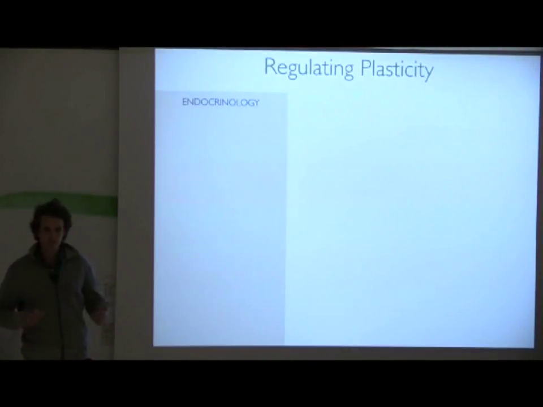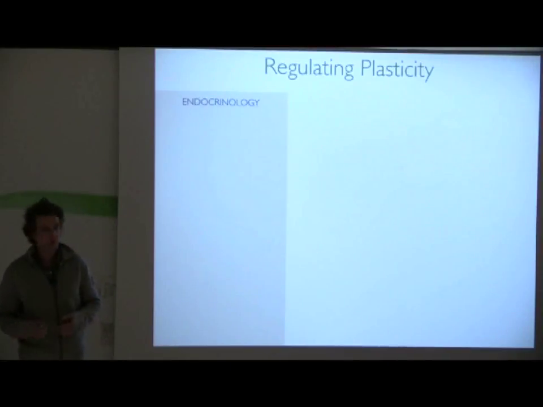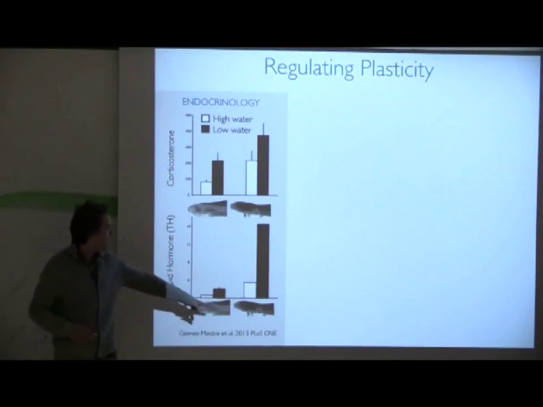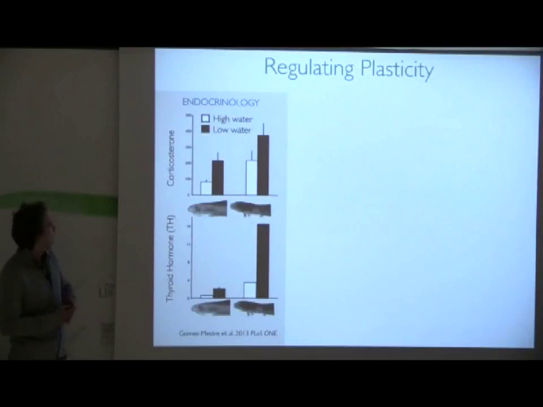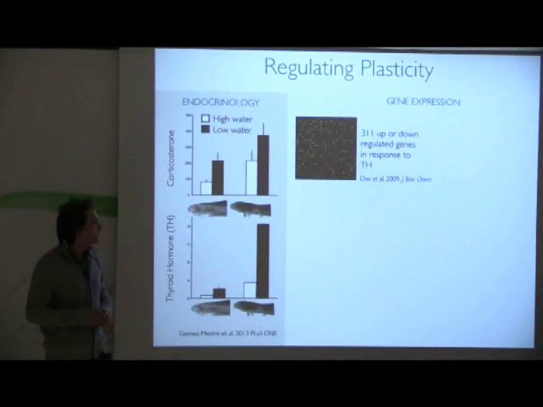So we know a fair amount of what's regulating these changes, especially on the hormonal level. And there's quite a number of studies that have highlighted the importance of thyroid hormone and corticosterone. So this graphic here shows pre-metamorphs and post-metamorphs. And what you see is that when you experimentally drop the water levels, both of these hormone levels surge. There's also been some work looking at gene expression, mostly on Xenopus, which is the go-to model organism for amphibians.